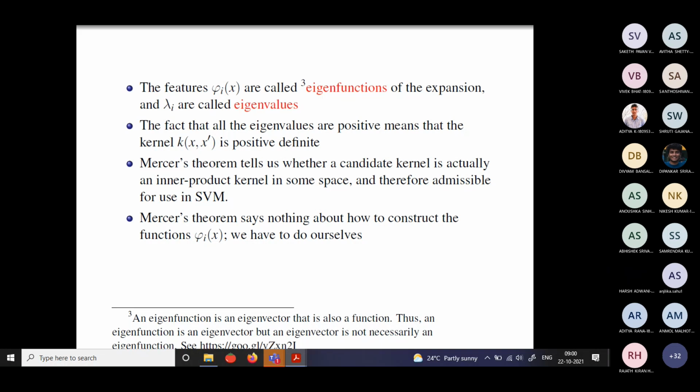It's just like Claude Shannon, who in his first paper on the mathematical theory of communication gave the idea that codes should be used for reliable transmission of information over a noisy channel, but he did not tell us how to construct those codes, so people had to find a way to do it. Likewise here also, Mercer does not tell how to design those functions, but says that if a function satisfies so and so properties, then it will be called a kernel.